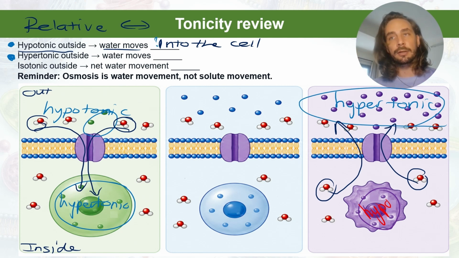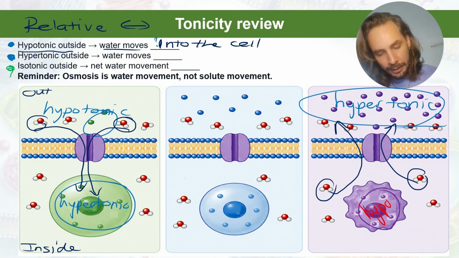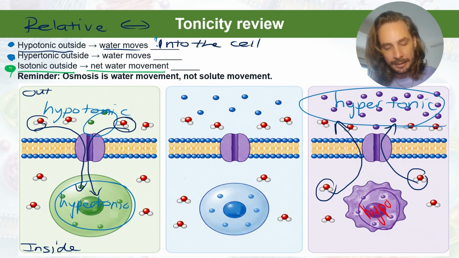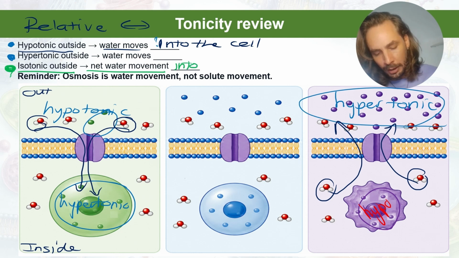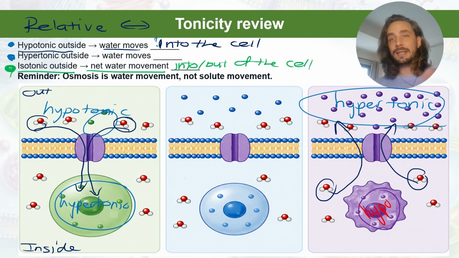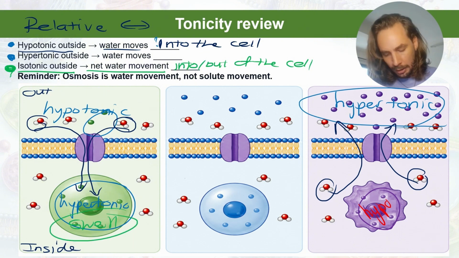It's not the solute. And then finally, the isotonic outside will have a net water movement into and out of the cell. So the cell would stay the same size. It's not going to grow. It's not going to swell. It's not going to shrink.